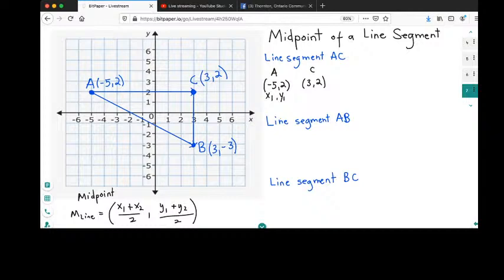And I'm going to call C point 2, so it's going to be x2, y2. Now, knowing this information, I can take my equation again. I always rewrite my equations, it's a great way to get that extra full bonus point. So if I want the midpoint of line AC, I have x1 plus x2 over 2, comma, y1 plus y2 over 2.